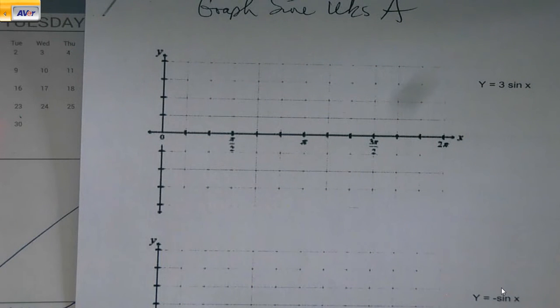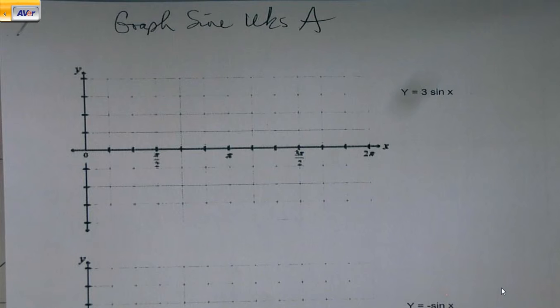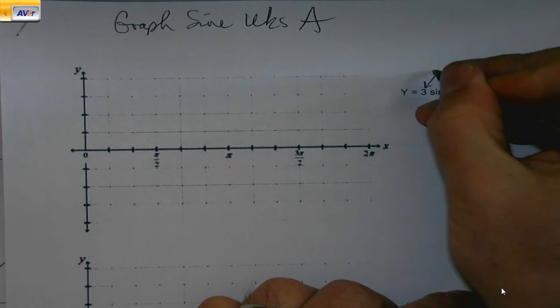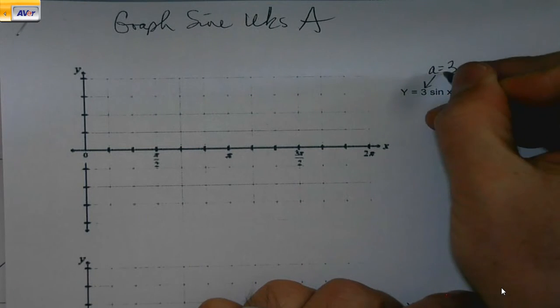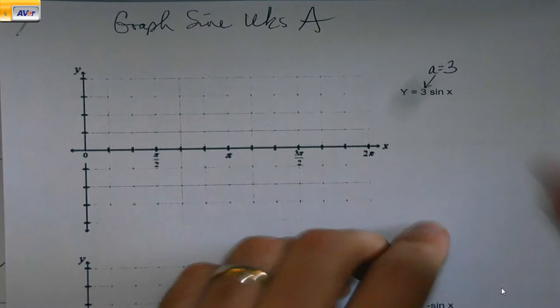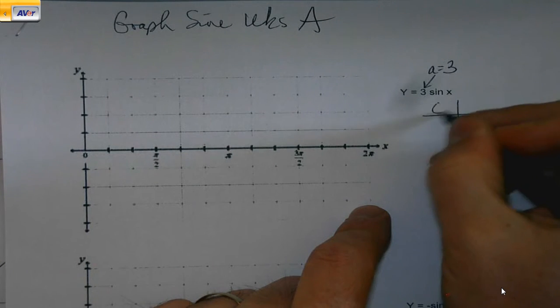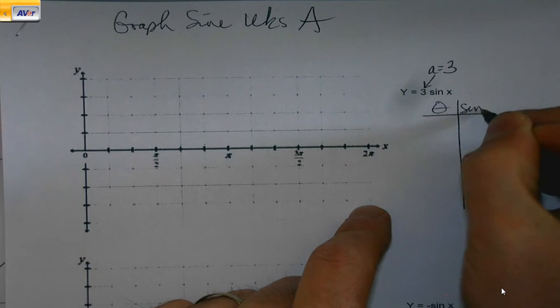So I look and I say, okay, what's the first one we got on here? We got y equals 3 sine of x. So this is what's called my amplitude. This is my A value. So when I'm doing a sine, or once we get to tomorrow, a cosine graph, I have a feeling many of us are going to draw ourselves a little chart here, and that's okay.